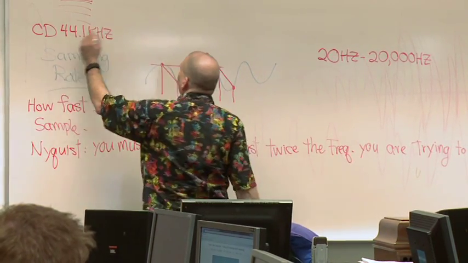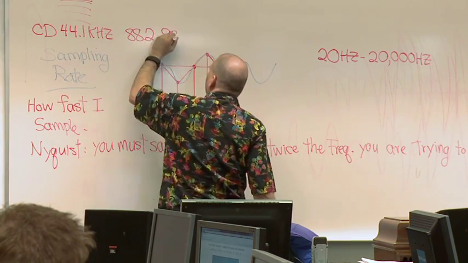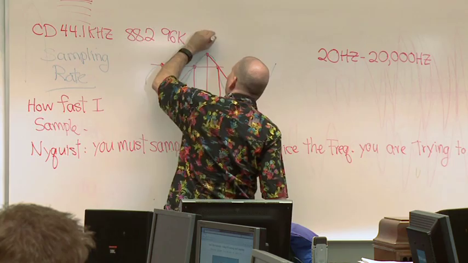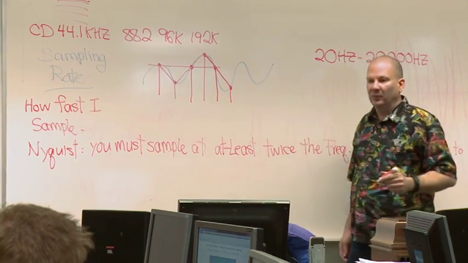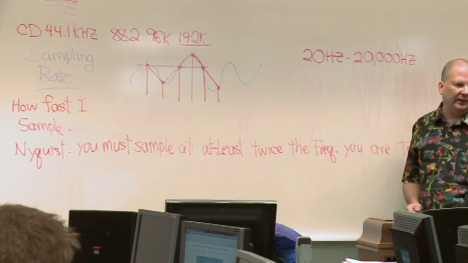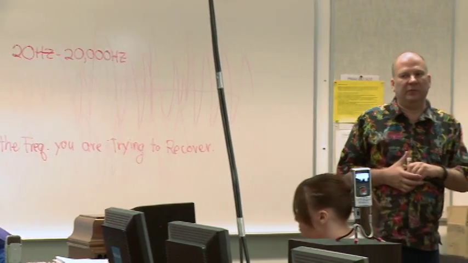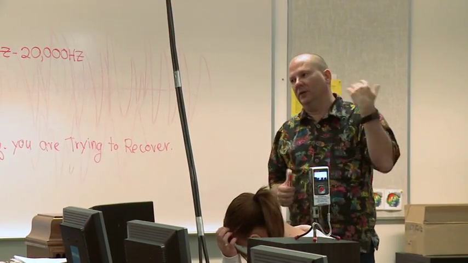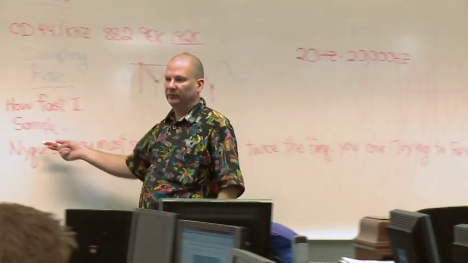But now they sample at twice that, 88.2 and 96K and 192K are common sample rates today. Most recording studios in the pro world are now operating at 192, which is a little more than 4 times what you would need to capture the signal according to Nyquist.